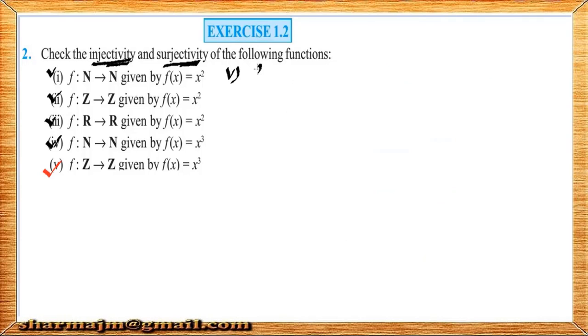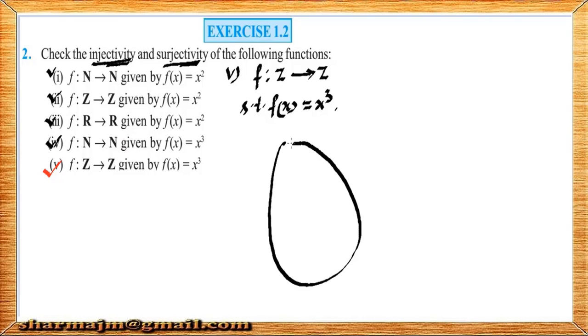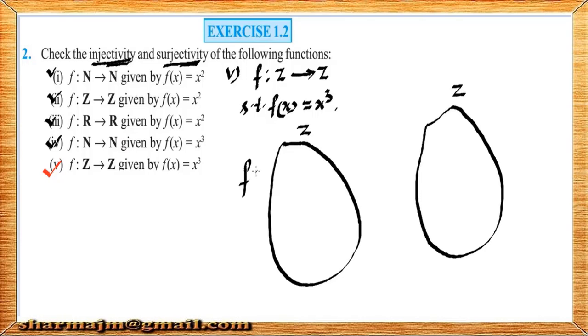Fifth part says f is a function from set of integers to set of integers such that f of x is equal to x cube. Now here by diagrammatic view, f is a function from integers to integers.